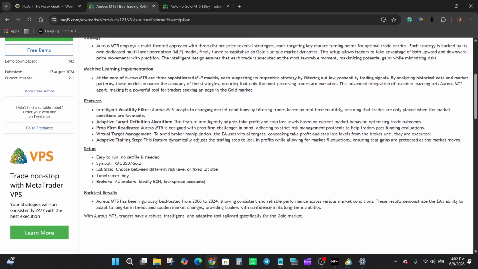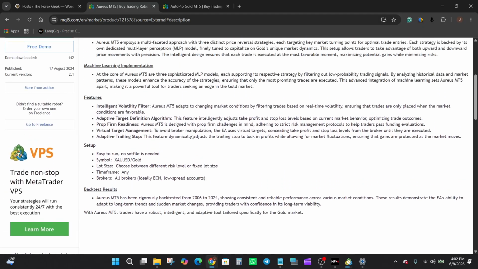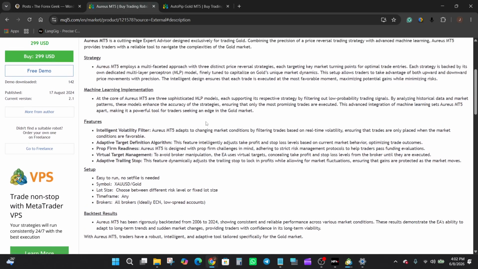The idea here is that each model filters market conditions differently to identify higher probability reversal points. Now, what stands out is that it is not just one unified signal system, but multiple models working in parallel. That suggests the EA is trying to validate entries through different perspectives before executing trades.